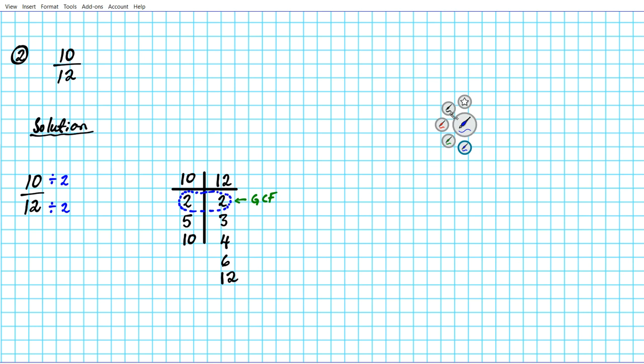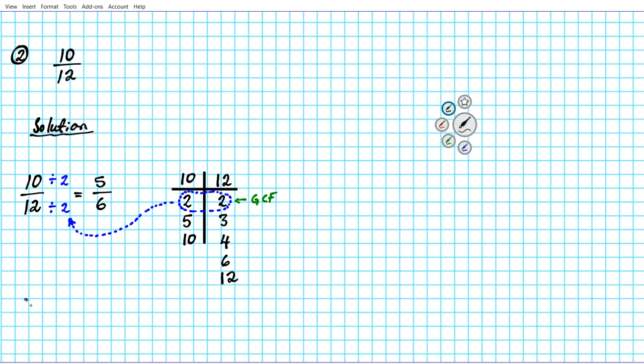So when we divide the top and the bottom by the greatest common factor, 10 divided by 2, you get 5. 12 divided by 2, you get 6. Since we divided by the greatest common factor, this 2 basically came from our common factors chart right here. Since we divided by the GCF, that's our final answer.